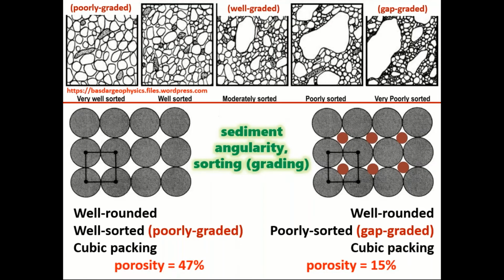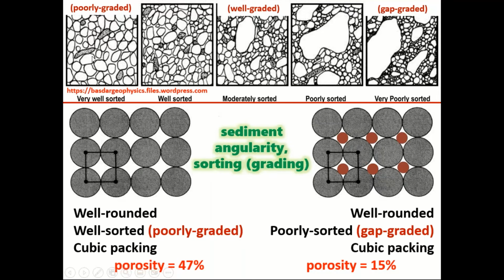Just to wrap up our discussion on sediment and sediment sizes, the 5 little block diagrams on the top of this chart basically shows the distribution of different size sediment grains in each of these examples.